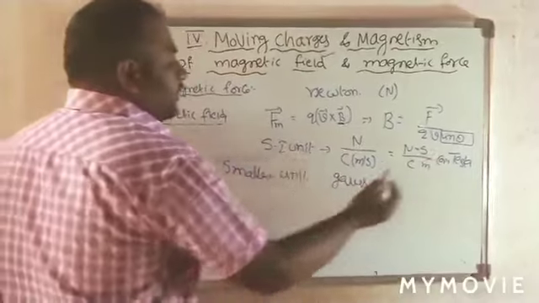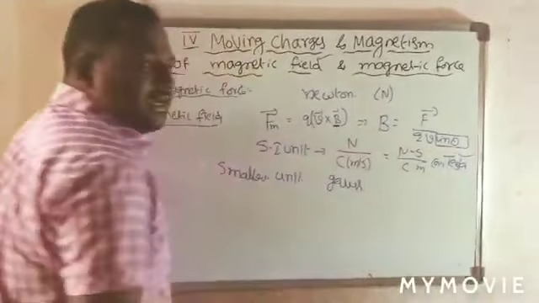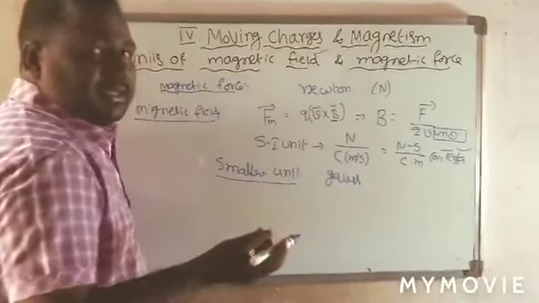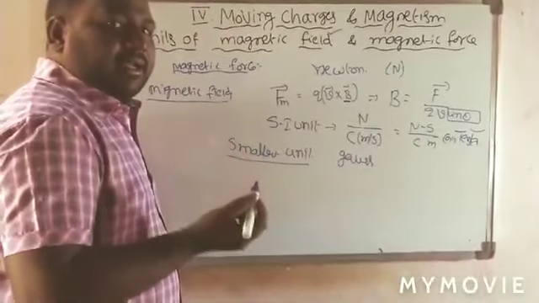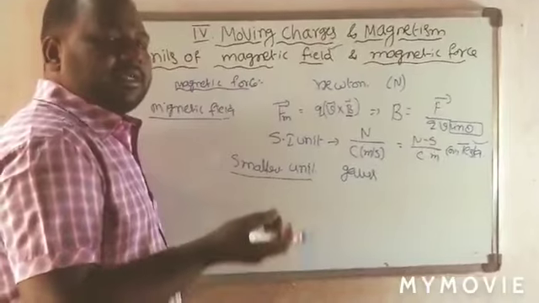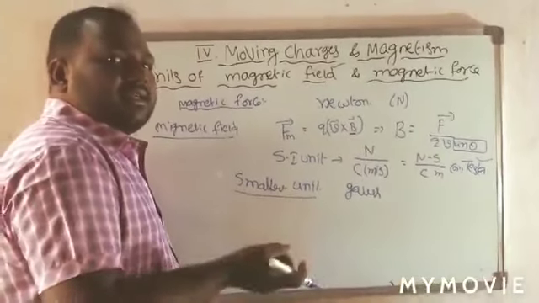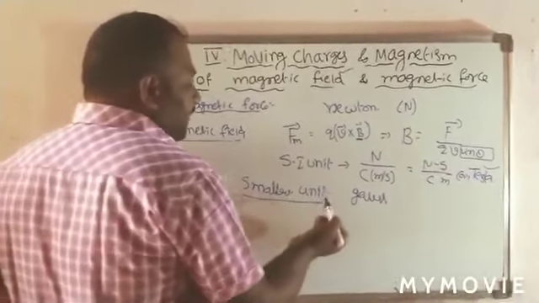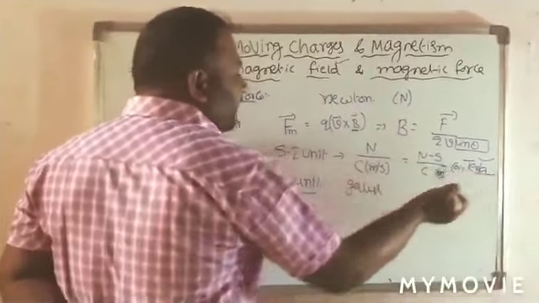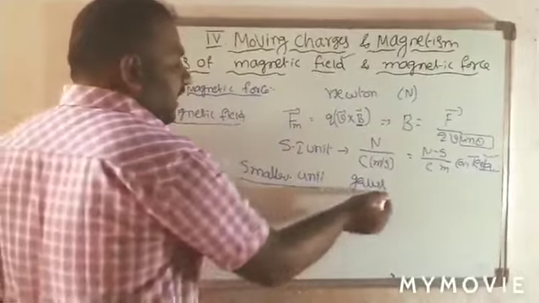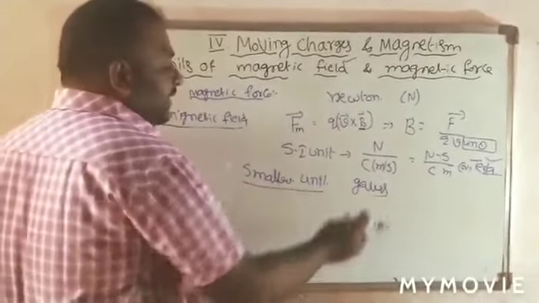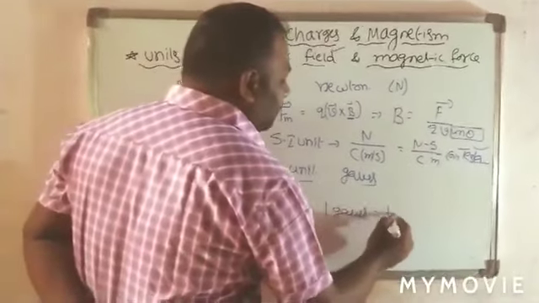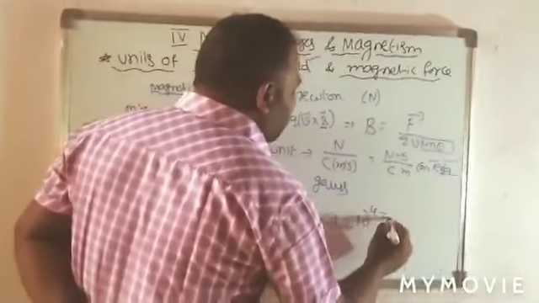Remember, the SI unit of the magnetic field is Tesla, and there is also a smaller unit. Like if you take the meter, centimeter and millimeter are smaller units. Generally we consider it like that. In a similar way, for the magnetic field, Tesla is the largest unit and Gauss is the smaller unit. Here 1 Gauss is equal to 10 power minus 4 Tesla.